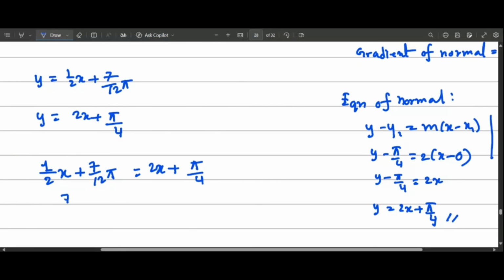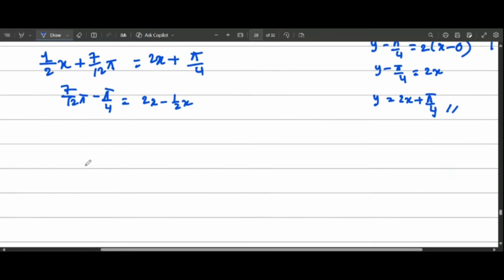This will give us 7 by 12 pi minus pi by 4 equals 2x minus half x. Further simplification will give us 1 by 3 pi equals 3 by 2 x.